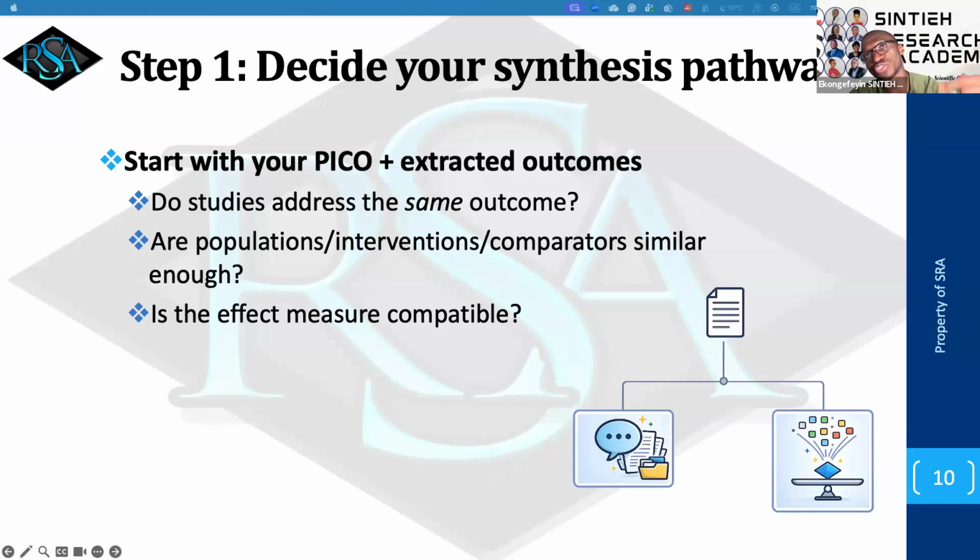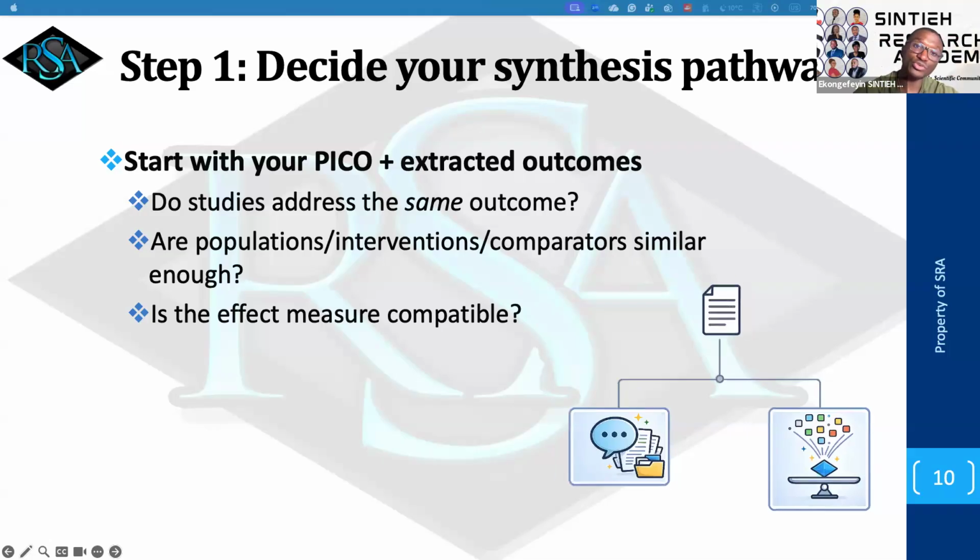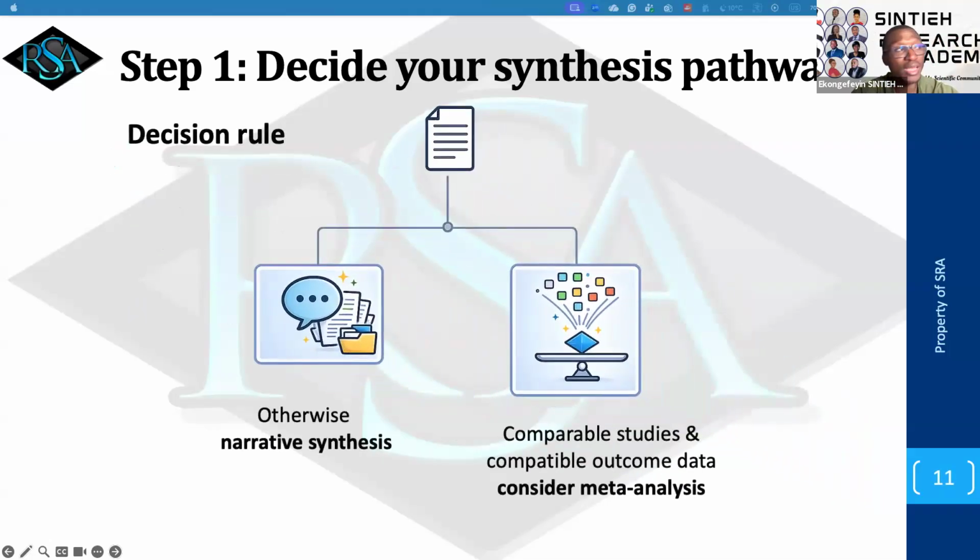Can you find odds ratio, risk ratio, and all of those things? Can you identify them so that you can assess them? If all of these things are identifiable in all of the studies you've screened and assessed, then you consider that you're going to need to do a meta-analysis. If the studies are not similar in any way, then you're going to do a narrative synthesis.